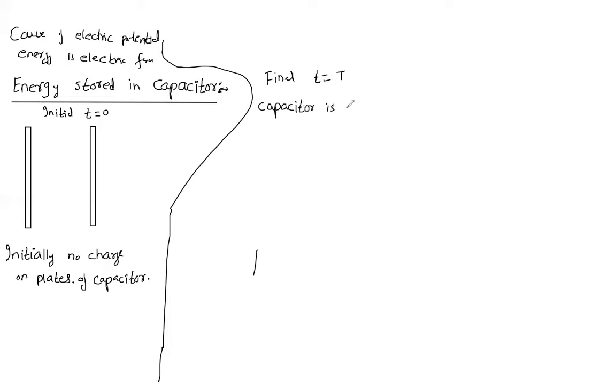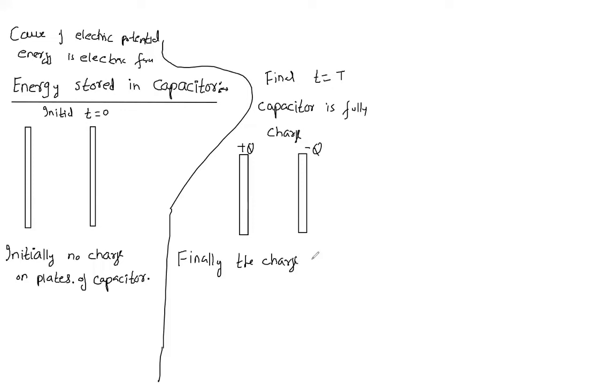Capacitor is fully charged means the charge on the plates is plus Q and minus Q. Finally, the charge on the plates is Q, and the potential difference between the plates is V. This is the final stage.